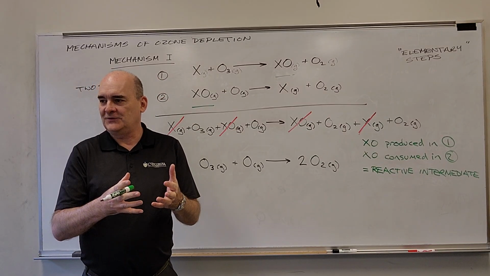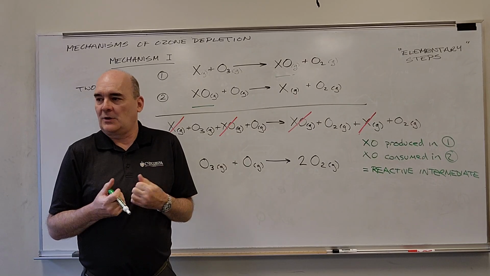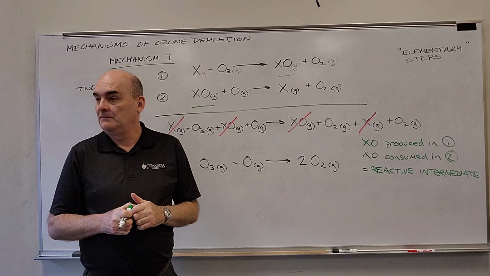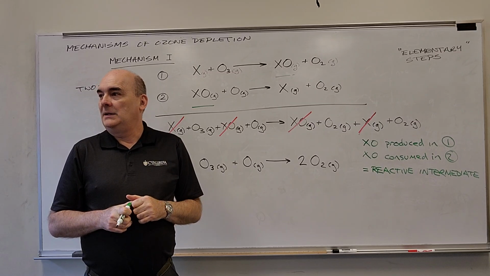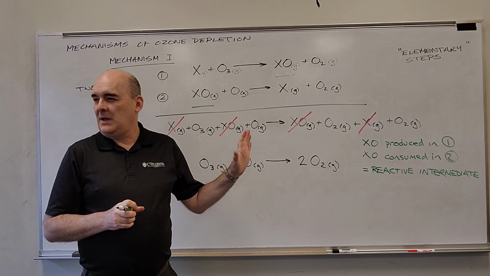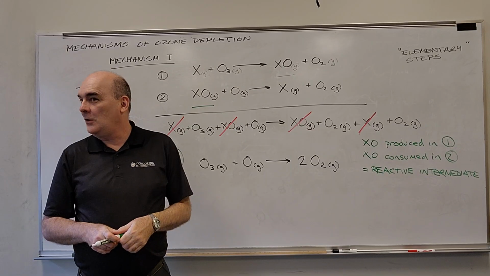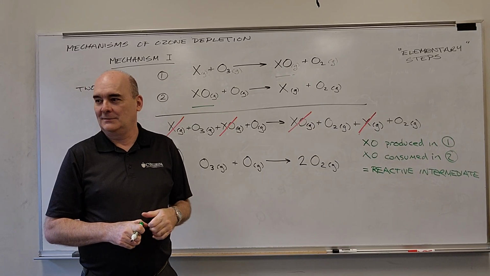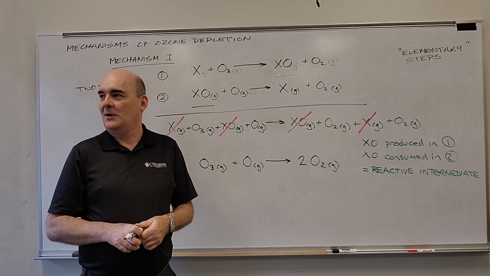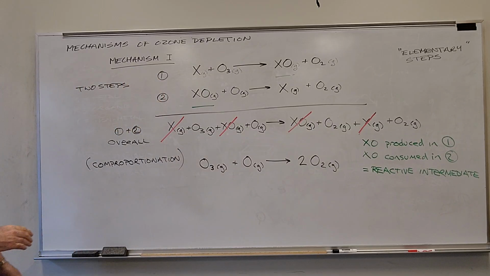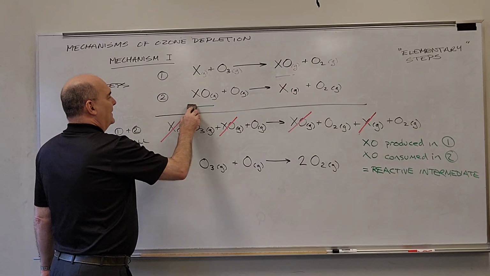You have to make them first and then consume them. So they don't show up in the overall. And yet, if they weren't there, this reaction doesn't go the way that we see it go. So XO is a reactive intermediate.